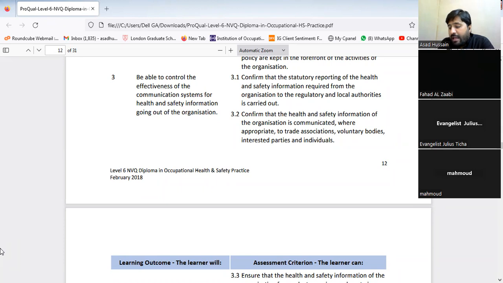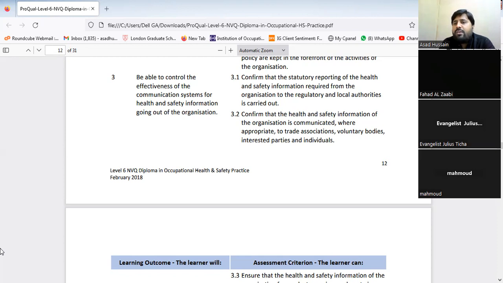As discussed, the information required by regulatory and local authorities, statutory reporting is enough for this purpose, because you have to do proper reporting to these regulatory and local authorities to comply with them.